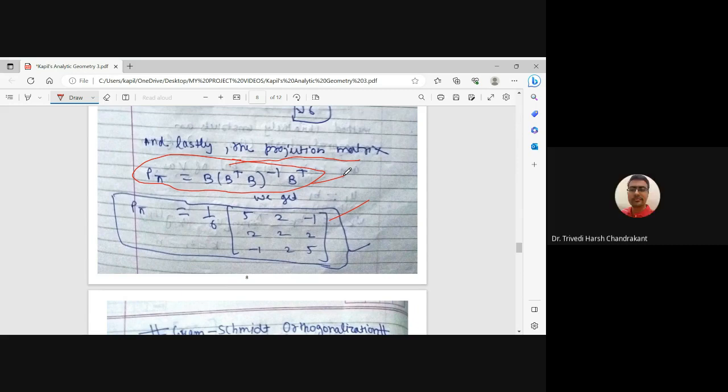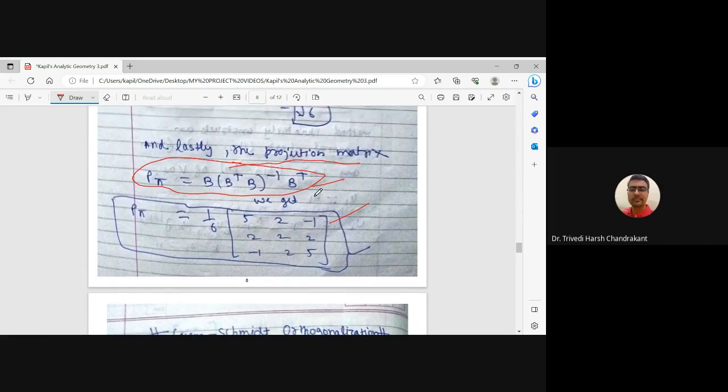Basically P pi composition P pi is P pi, so it is idempotent. Therefore it is a projection. Any transformation T is a projection if T squared is T. Yes, sir, that is the important idea I think I had missed in this concept.